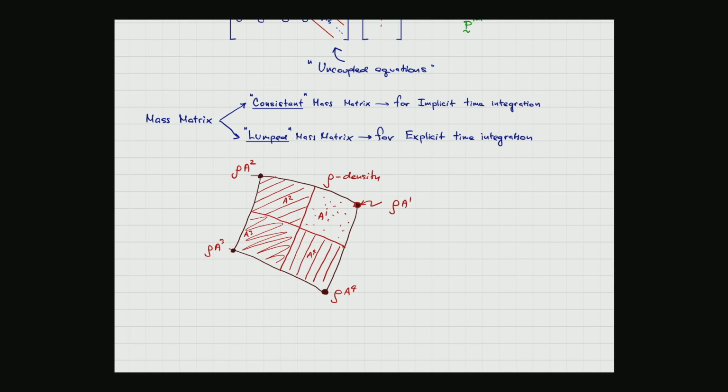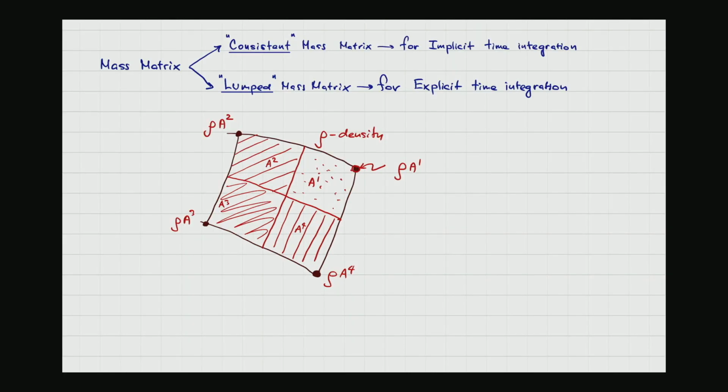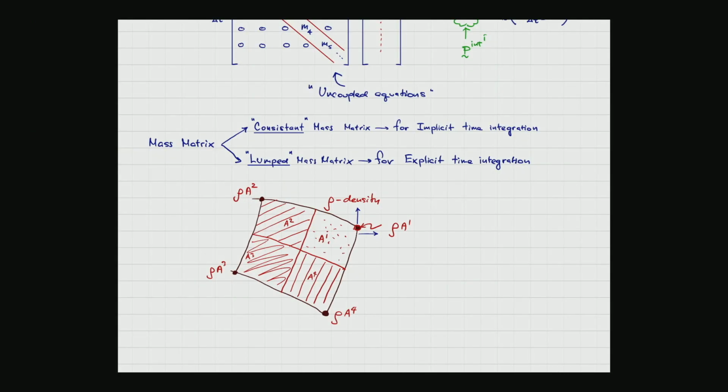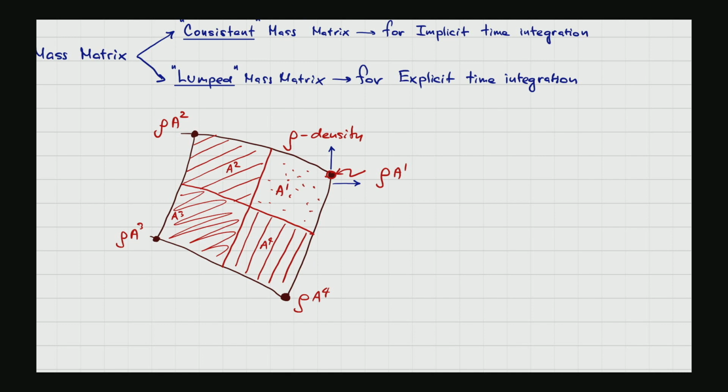When we construct the mass matrix, we are going to construct it based on the degrees of freedom, right? If this is a 2D problem, then you have 2 degrees of freedom at each node. So you have 4 nodes, you have 8 degrees of freedom. You're going to end up with a mass matrix that looks like rho A1.